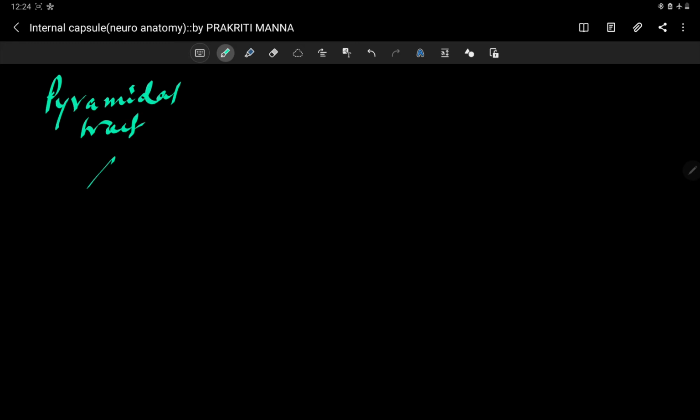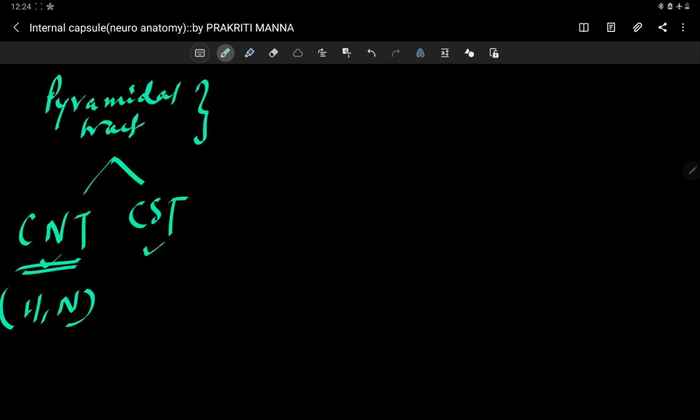Your pyramidal tract contains the corticonuclear tract and the corticospinal tract. The pyramidal tract actually controls your motor movements. Motor movement of the head and neck is controlled by the corticonuclear tract, and the upper limb, trunk and lower limb are controlled by the corticospinal tract.